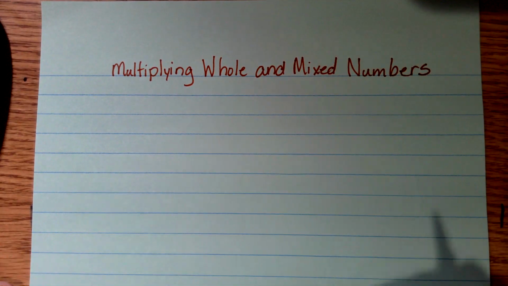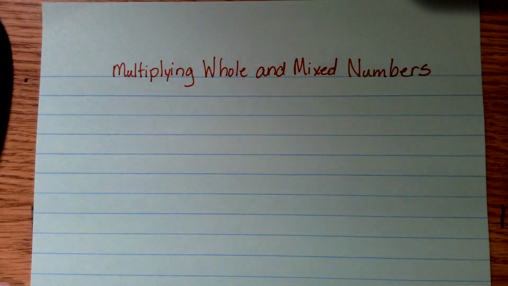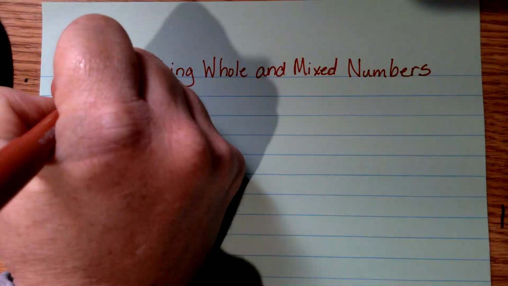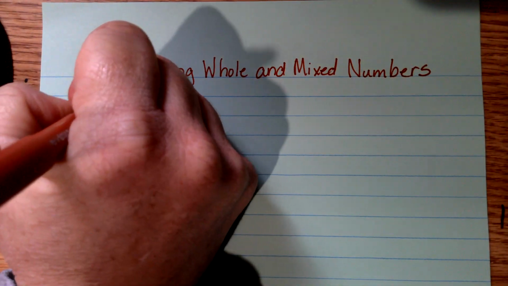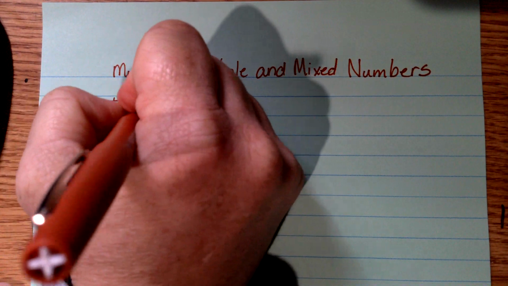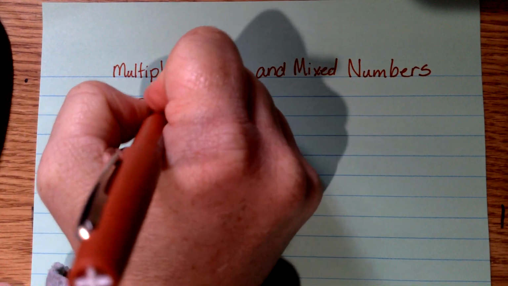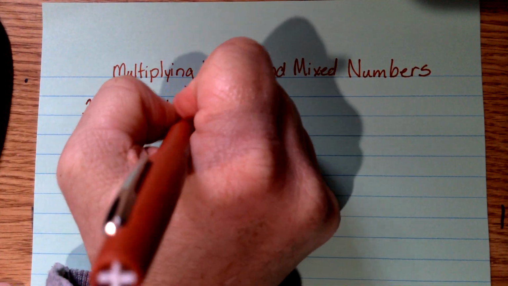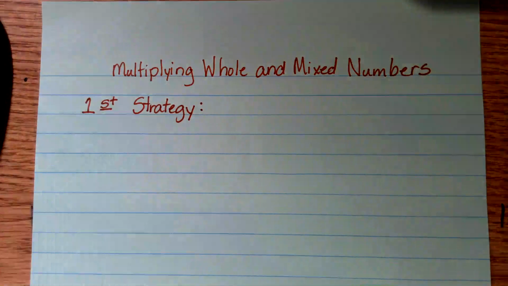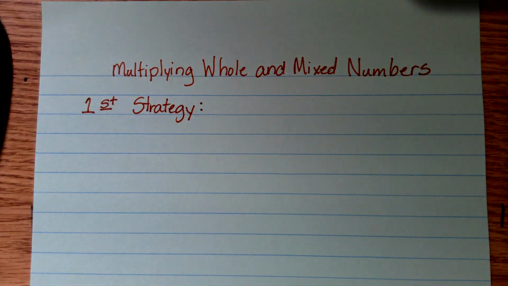All right, so we're going to start out with one strategy. This is the first strategy. And there are 4 steps in the first strategy. So let's start with step 1.